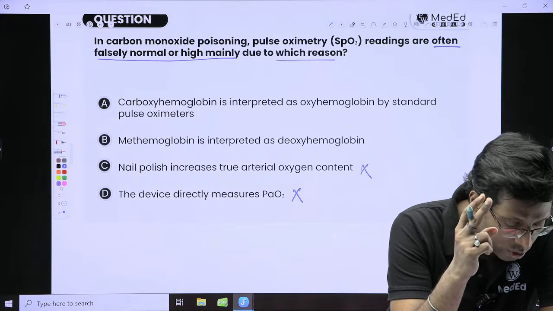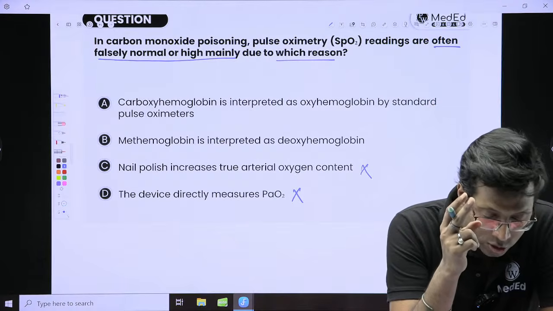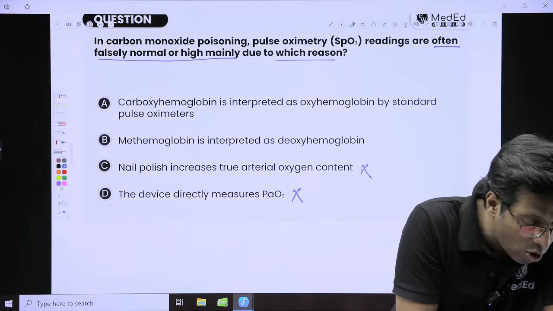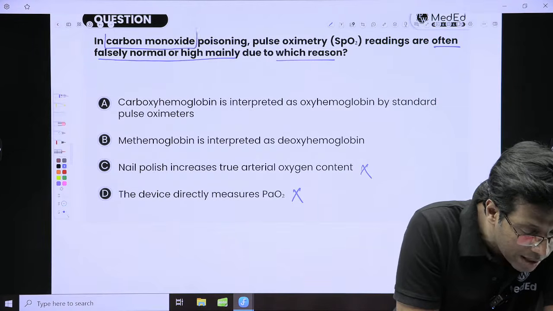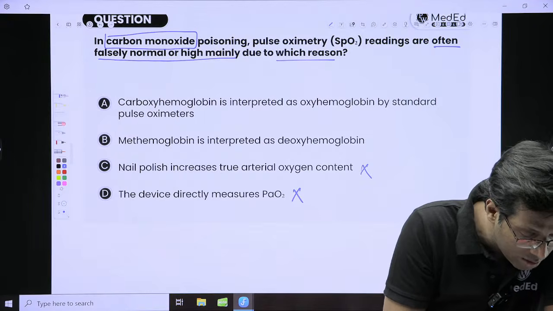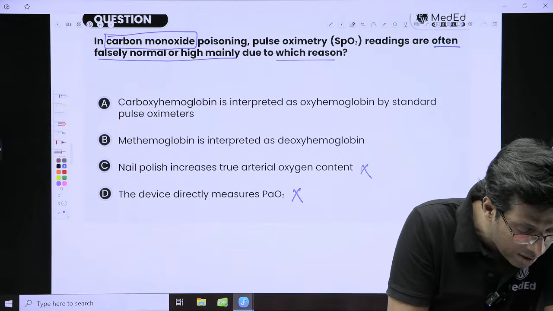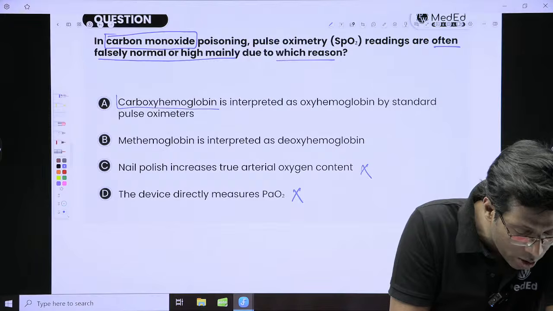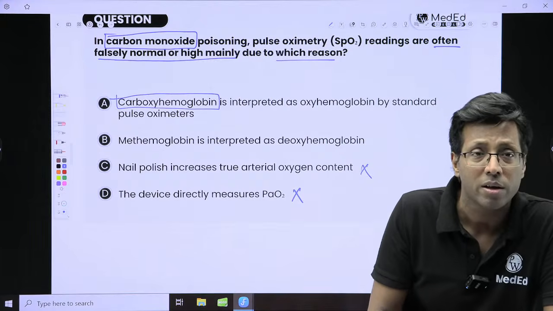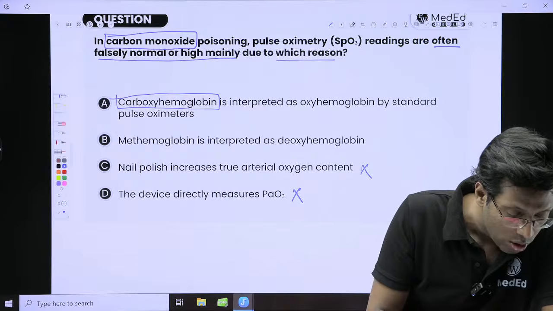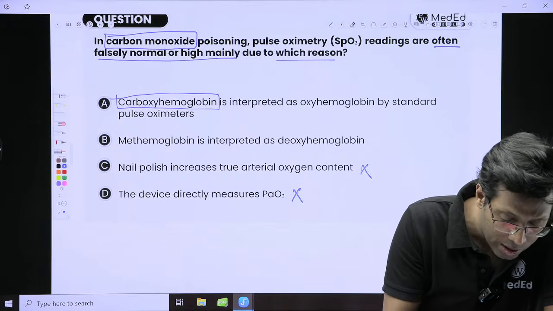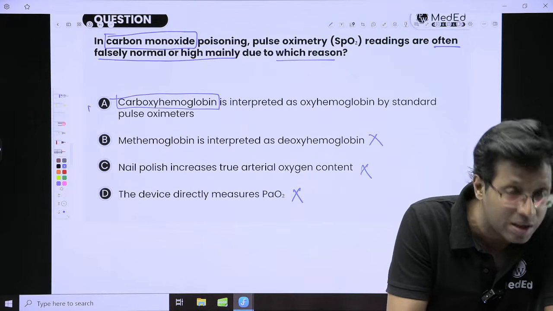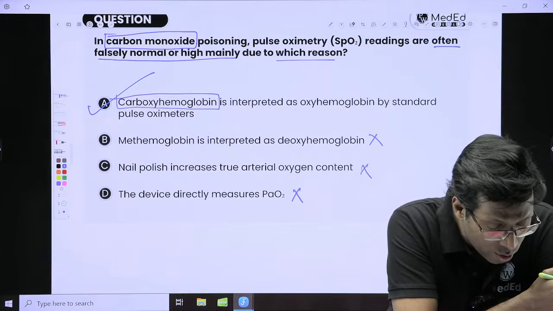You are going to get confused with carboxyhemoglobin interpreted as oxyhemoglobin and methemoglobin. Here we are talking about carbon monoxide. When this is carbon monoxide, it will lead to the presence of what? Carboxyhemoglobin or methemoglobin? It is going to lead to carboxyhemoglobin. Methemoglobin is not going to be the answer. So the answer becomes A, as correctly said by all of you.